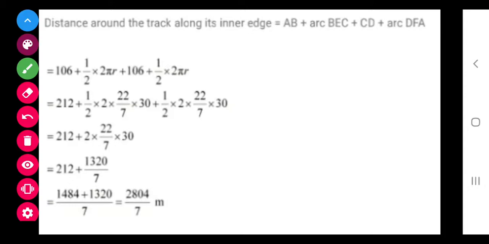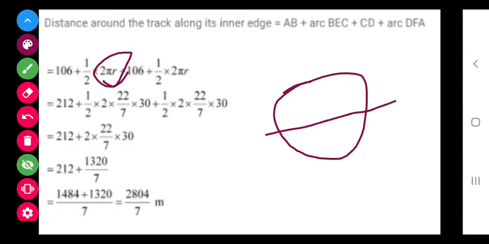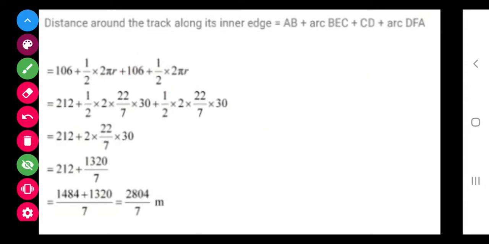So overall they have used 2 pi r upon 2, that is half of a semicircle's, this one only. So similarly we can do the rest. In this way we can calculate and we can get the length of the inner track.